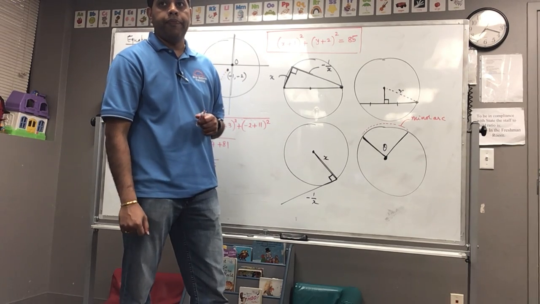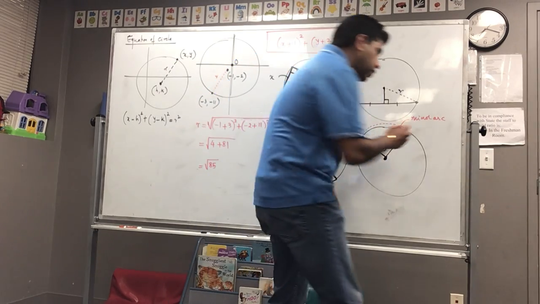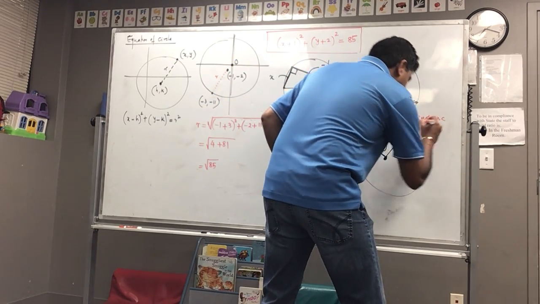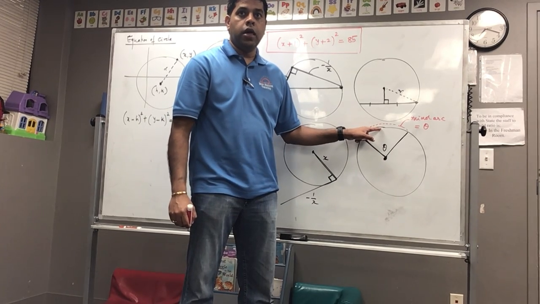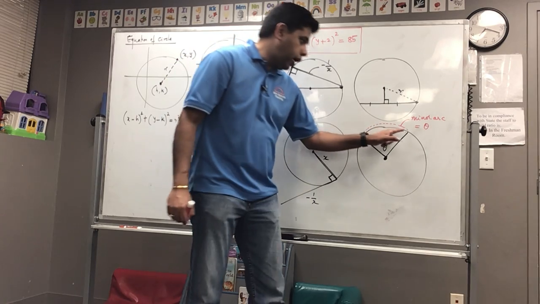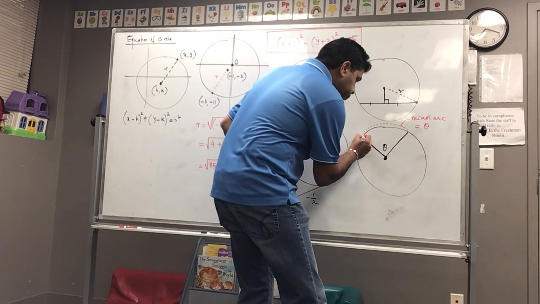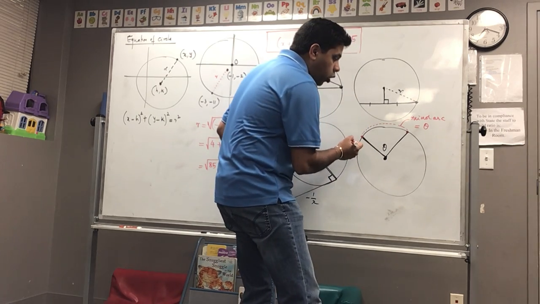Sounds good? And the minor arc will be the same as theta. So if it is 100 degrees, this is also going to be 100 degrees. Sounds good? And if this is the minor arc, in terms of theta, the remaining is called the major arc.